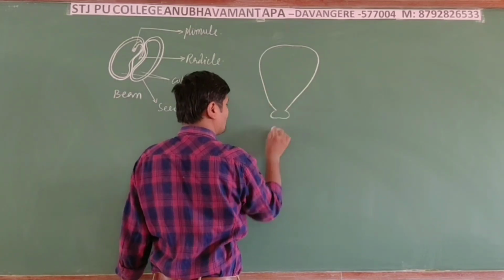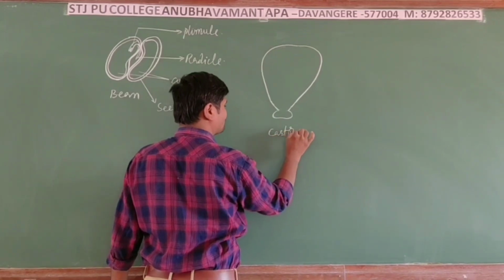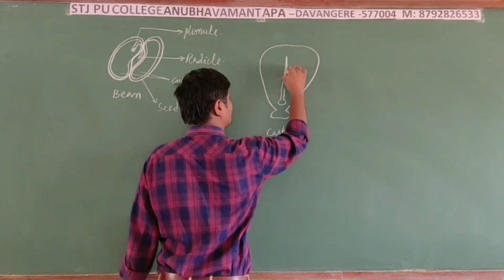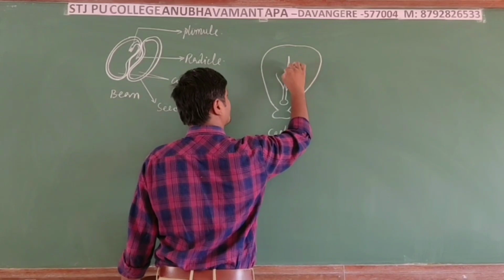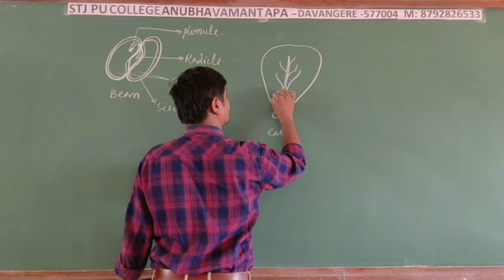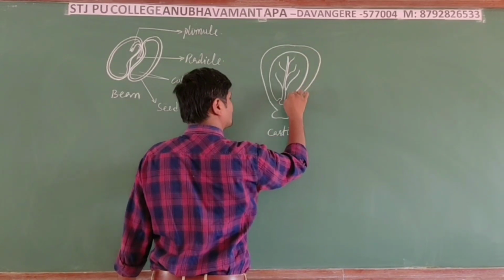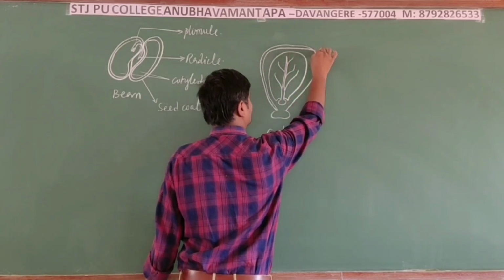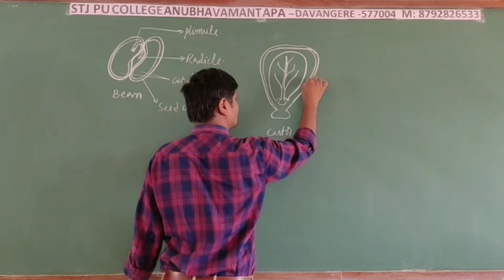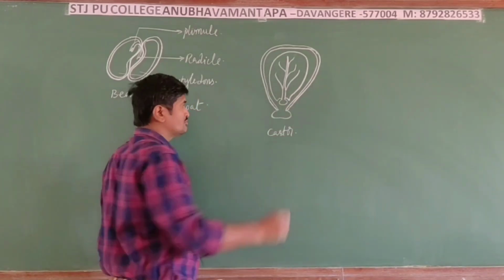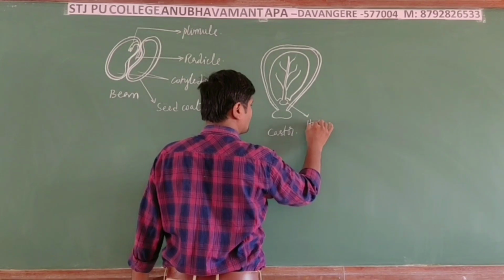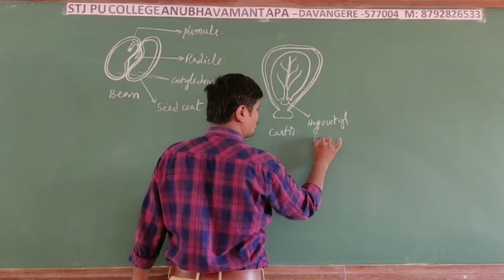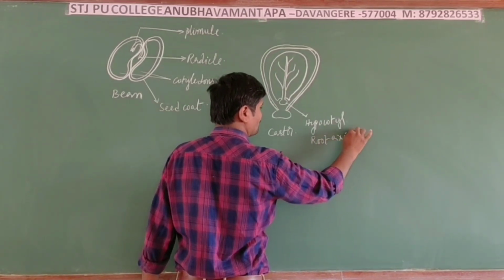See, it is a castor seed. This is the hypocotyl, known as the root axis.